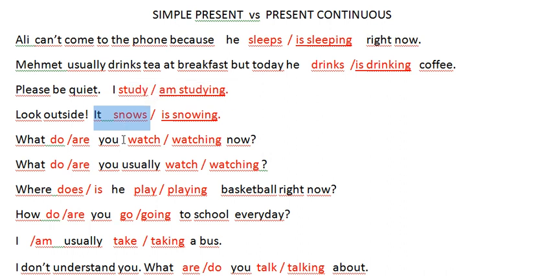I can say it snows a lot in New York, or it never snows in Florida. So I can make those sentences. But if I'm talking right now, look outside, I mean now it's snowing outside.